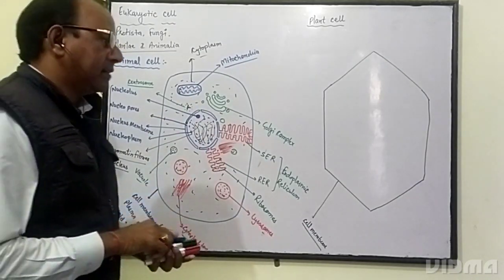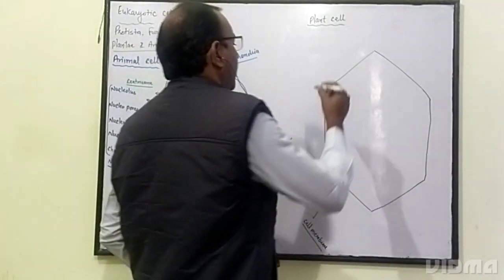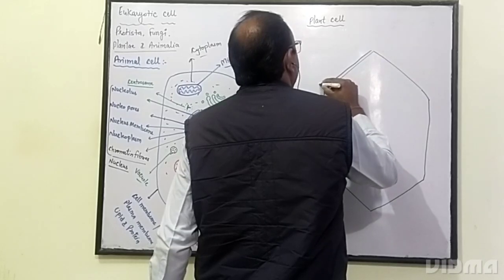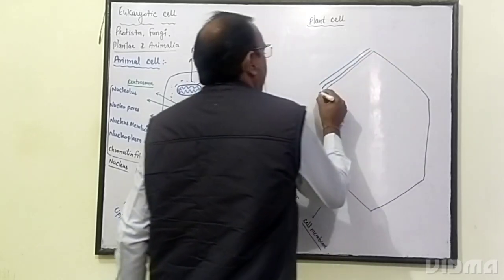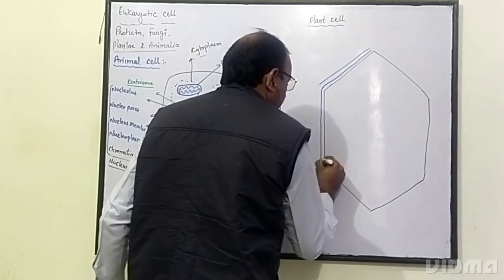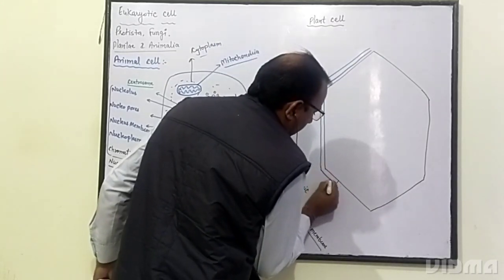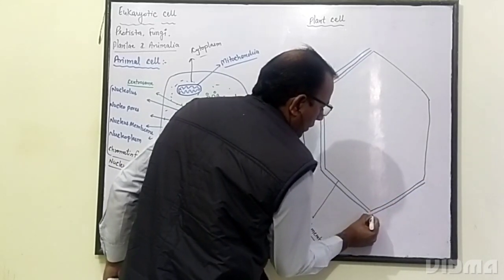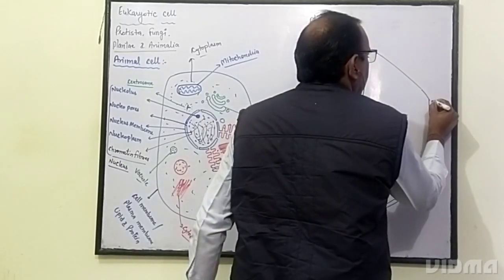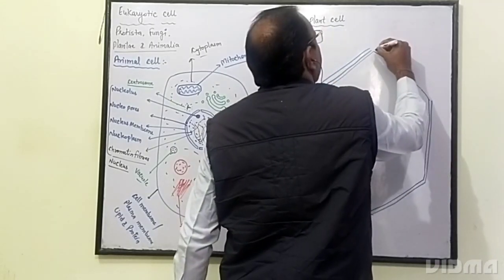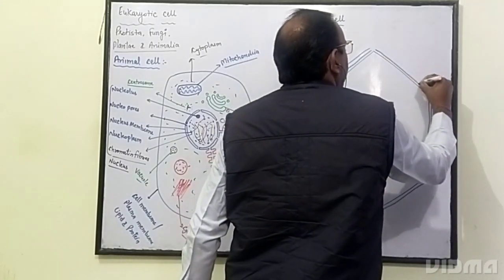One more external rigid structure is present, made up of cellulose, and this is called the cell wall. In a plant cell, the cell wall is made of cellulose.